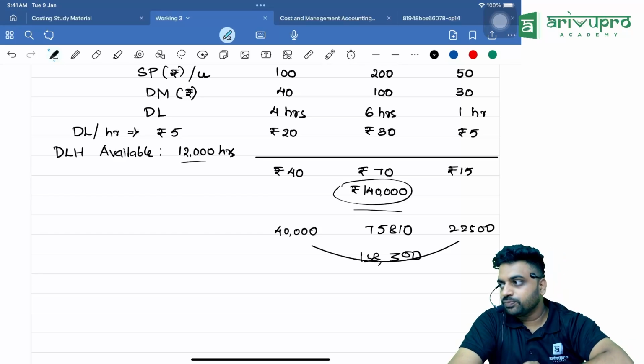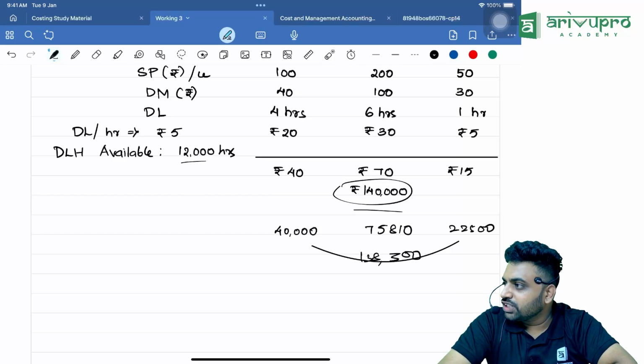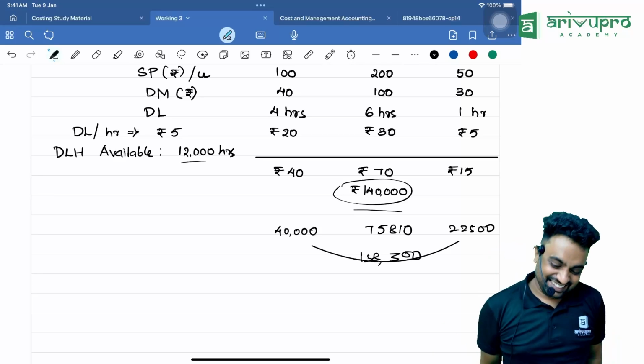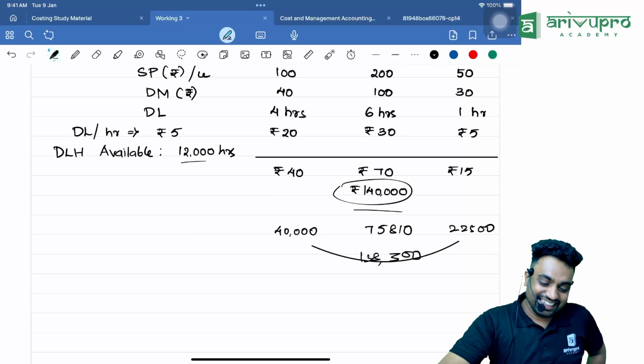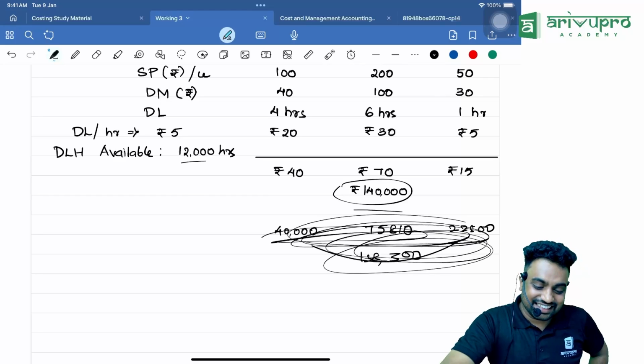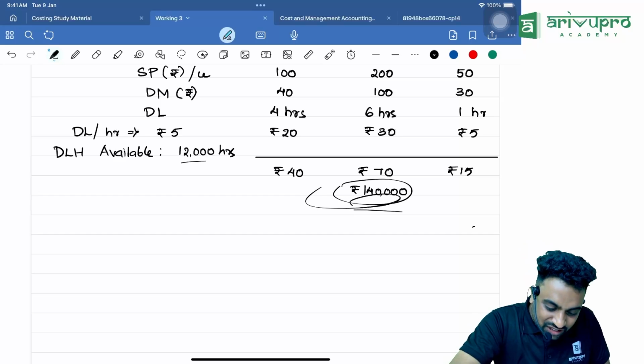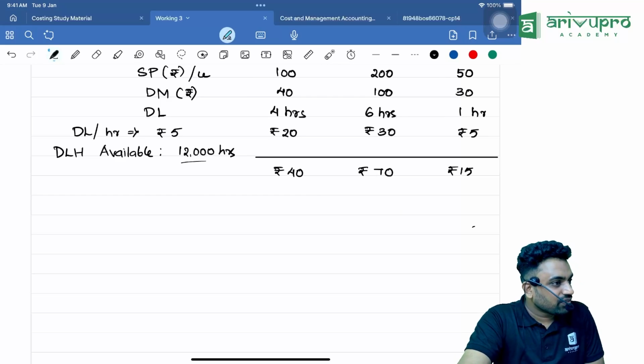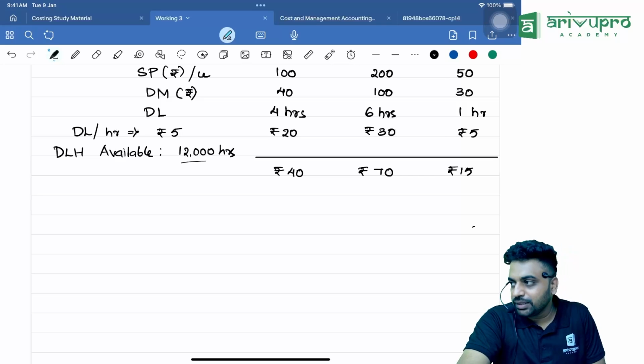Listen here now. Other means other than this plan. Okay. Guys, listen. In this scenario, for making a decision, contribution per unit won't be helpful. Listen very carefully.